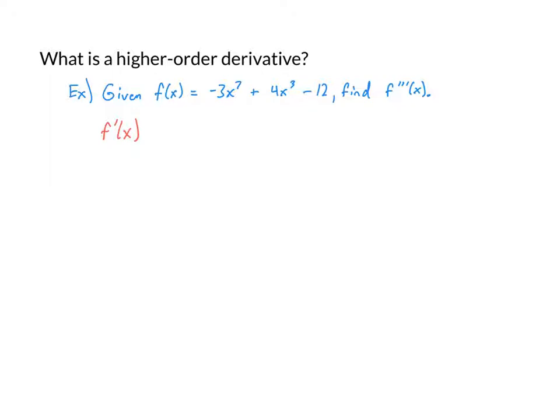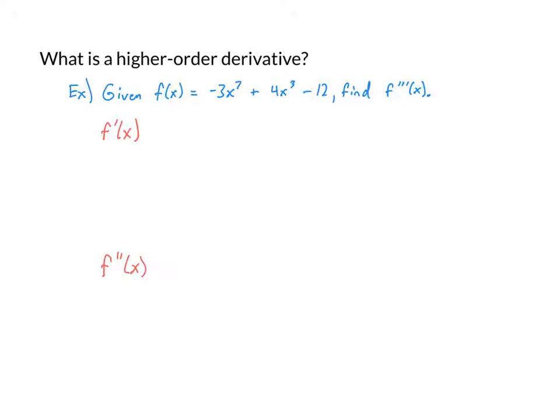And when I say the third derivative of a function, what it means is that we're going to differentiate that function, f of x, and we're going to find f prime of x. All right? And then, once we find out what f prime of x is equal to, then we're going to take its derivative. We're going to take the derivative of a derivative. And that'll help us to find out what I would call f double prime of x is.